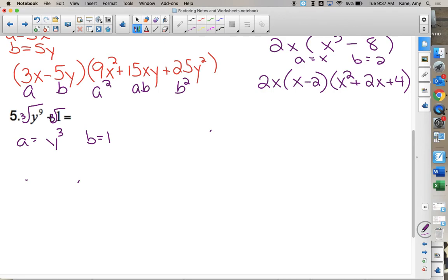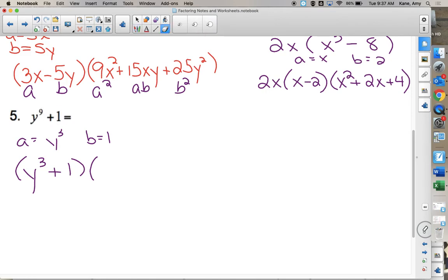So when you go to factor this, we have a, which is y cubed. Same sign, b. And then you have a squared. What is a squared? What does that become? Garrett, what's a squared become?